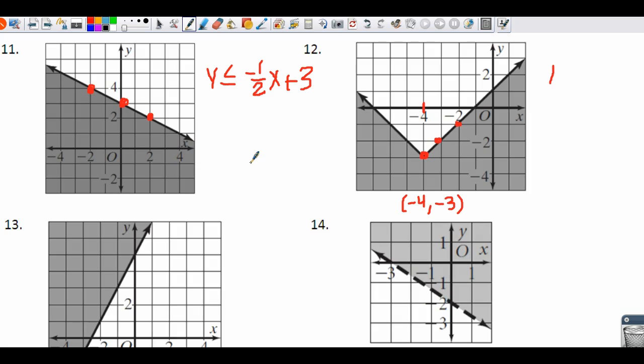So that's y. It's shaded below, so it's less than. The line is solid, so it's equal to. And then it's the absolute value of x plus 4 minus 3, because it's simply your vertex and the slope.